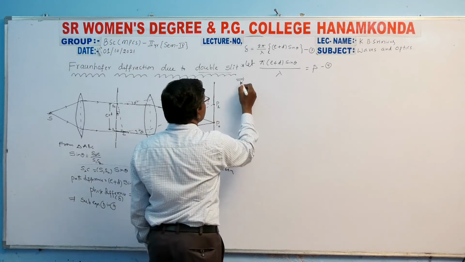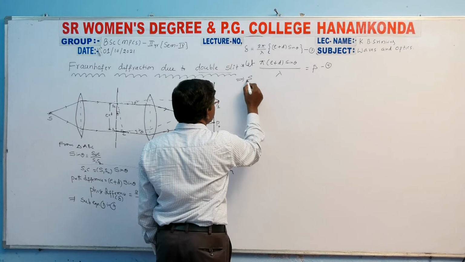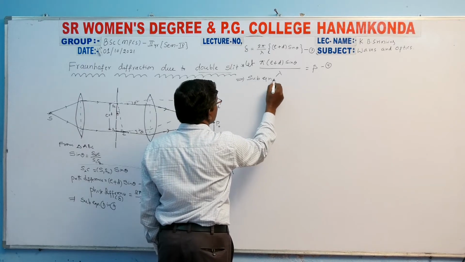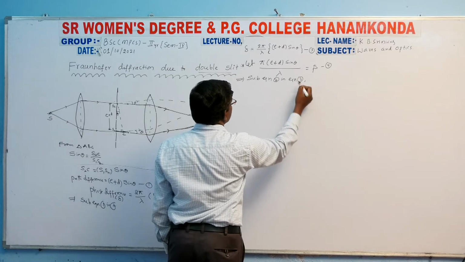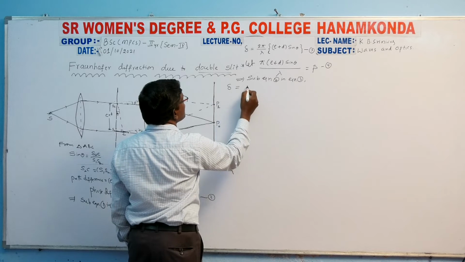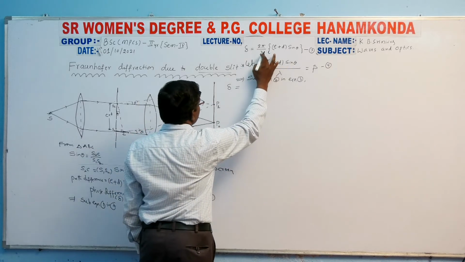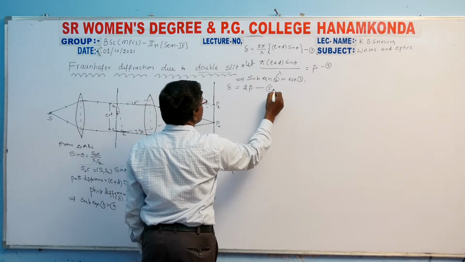So here I am finding the phase difference in terms of beta. Substitute equation 4 in equation 3. So the phase difference between the two rays becomes 2 times this, which is already equal to beta. So finally it becomes 2 beta. Let this be equation number 5.